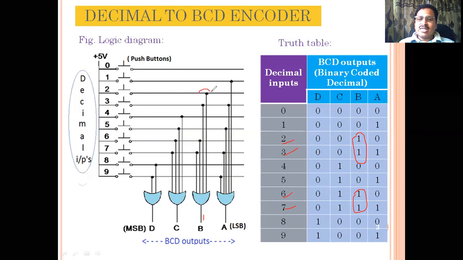Here 2, 3, then 6 and 7 are brought to the input of this OR gate whose output can be 1 if we select any one decimal input by connecting the concerned switch to logic 1 or on condition. Is this clear?